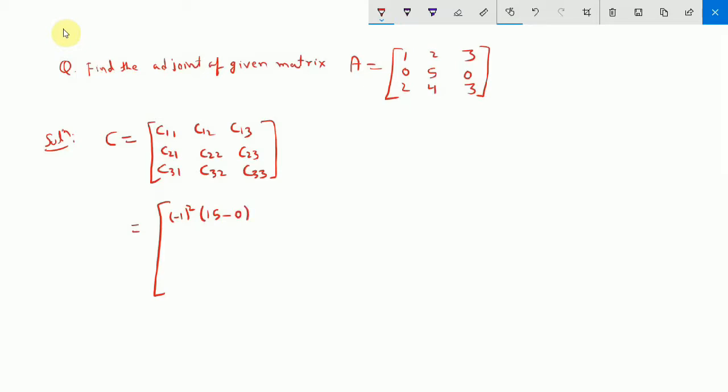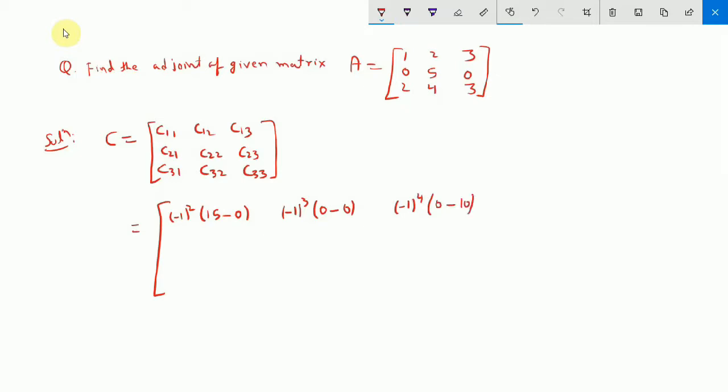Second, C12: i plus j will be minus 1 to the power 3, and we will have 0 into 3, that will be 0, minus 2 into 0, 0. C13 is calculated as minus 1 to the power 4, and 0 into 4, 0, minus 5 into 2, 10.